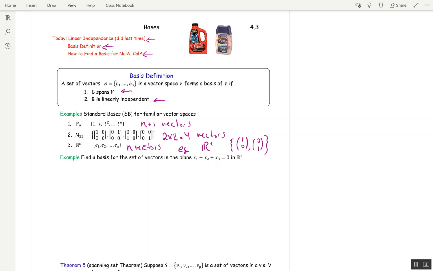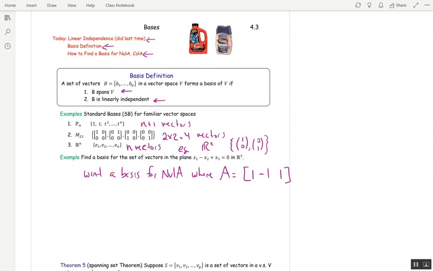All right. Let's find a basis for the set of vectors in the plane x1 minus x2 plus x3 equals 0. So we've got a single equation here, and what we want is a basis for null A, where A is the coefficient matrix, [1, -1, 1].